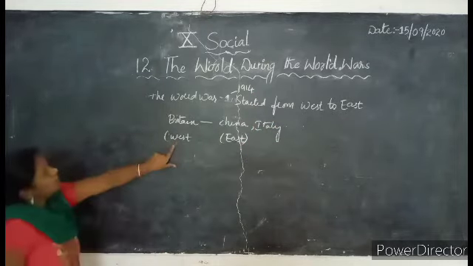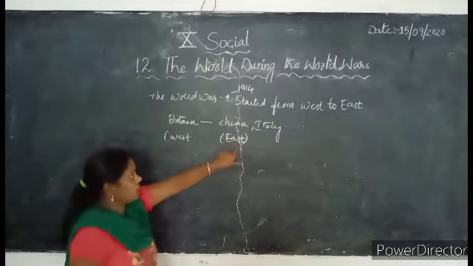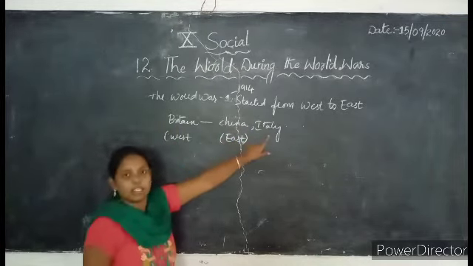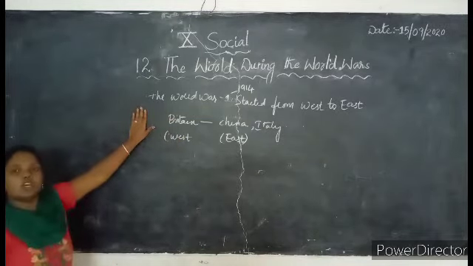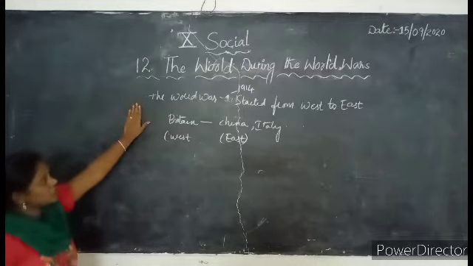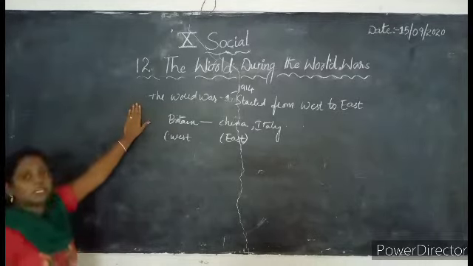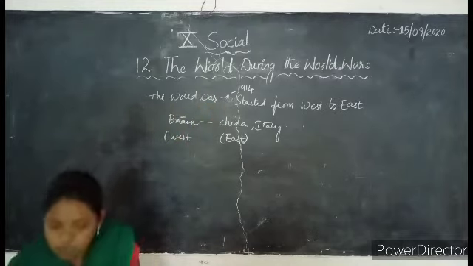If you take Britain in the west, and go to the east, it is China and Italy. So let us look into the causes of World War One. What are the causes and consequences which made the world experience World War One in the year 1914?